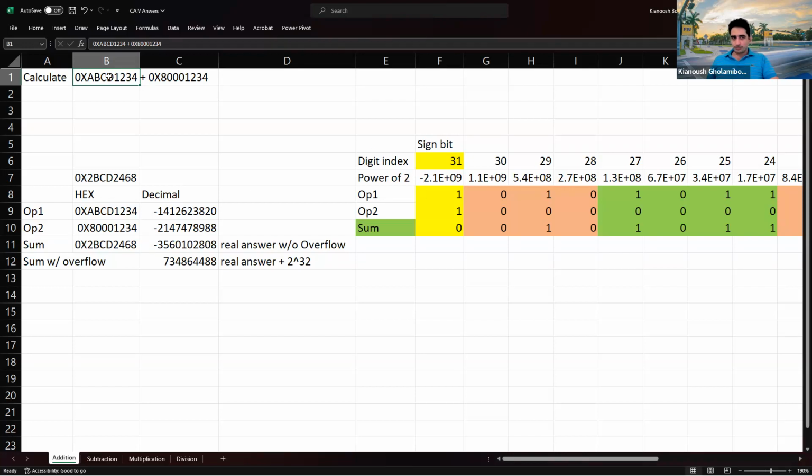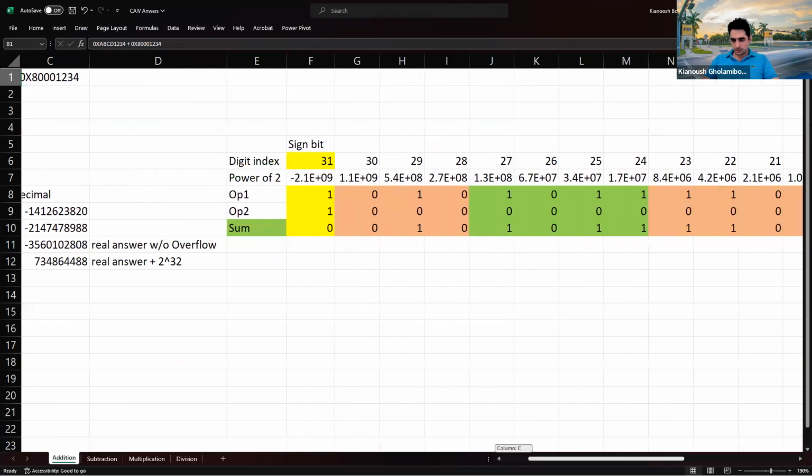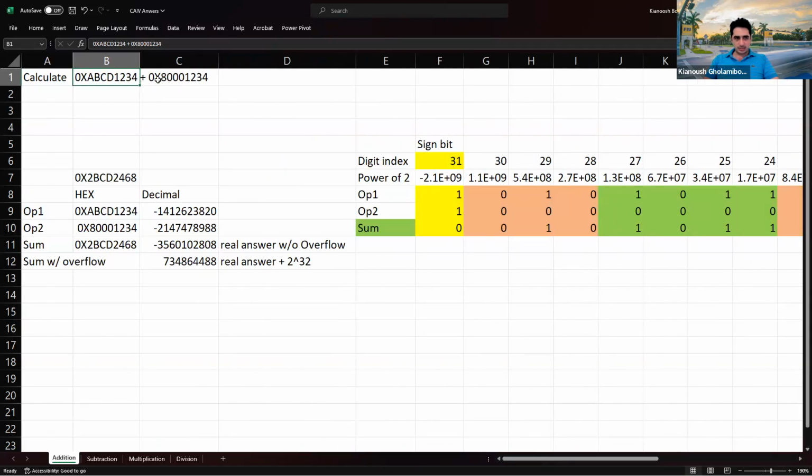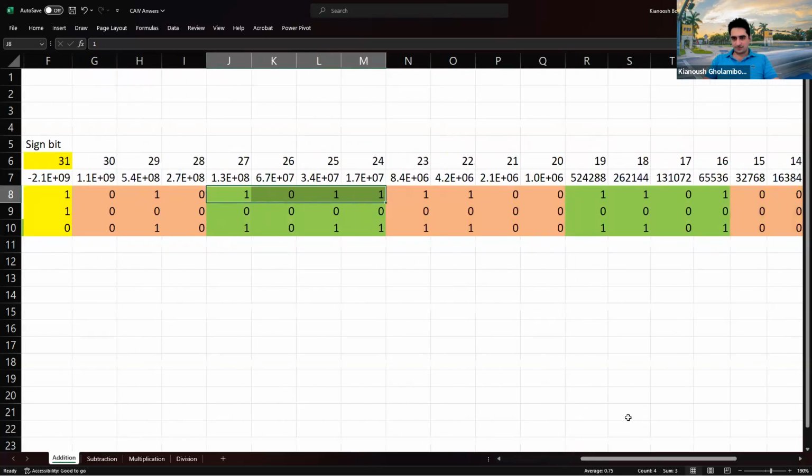So in order to convert hexadecimal to binary, every digit should be represented by 4 bits. I have done this in this table that you see. The first number is ABCD1234. The first 4 bits of the first operand represent A. Then I have B. Then I have C, which is 12.